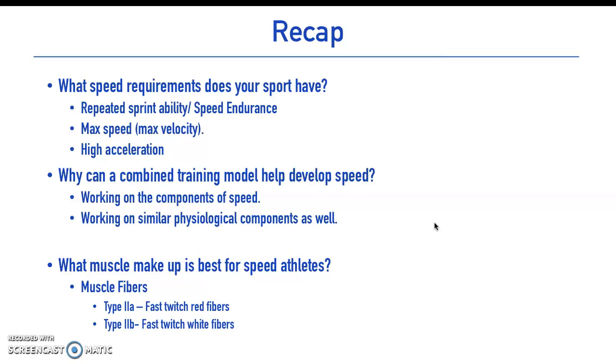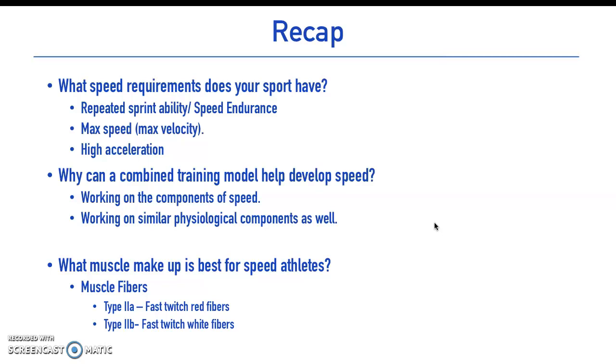Because strength and power are components of speed, we have to look at what those do to the body. Remember, we spoke about our energy systems, and then we spoke about the muscle fiber types. For speed, power, and strength, they're all extremely similar in energy systems and muscle fiber types. So that's the physiological component.